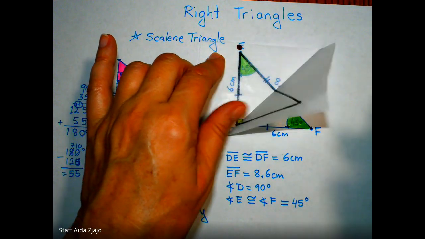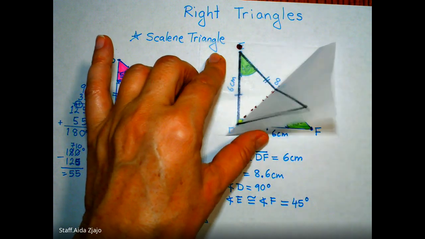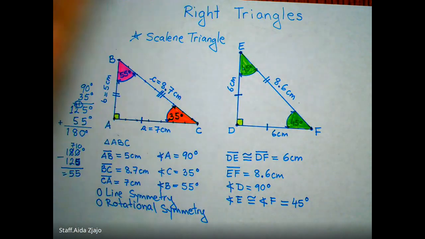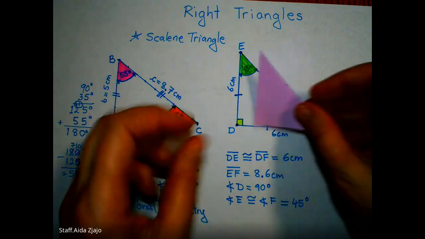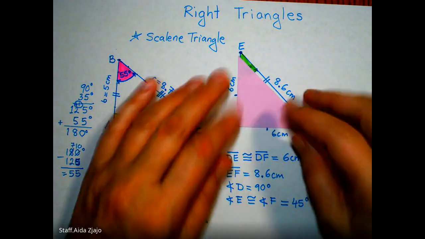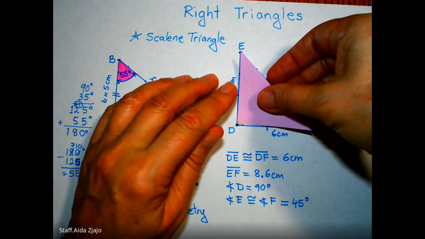So right there, you can see that this is the line of symmetry for a right triangle that is also isosceles. I created this little guy here, so I think it's going to perfectly match.